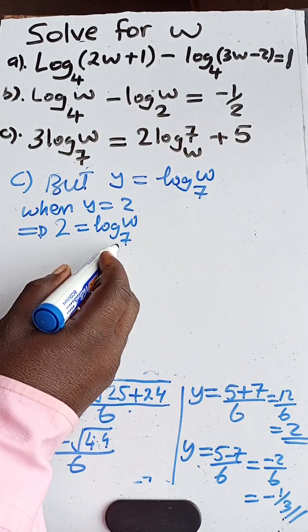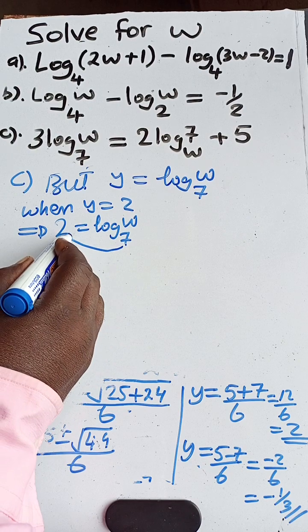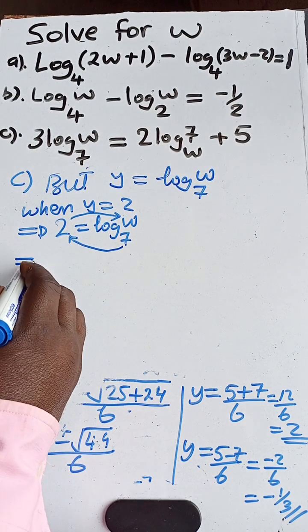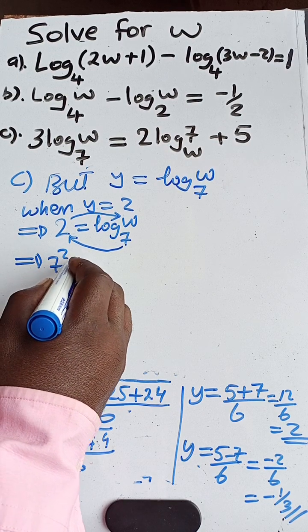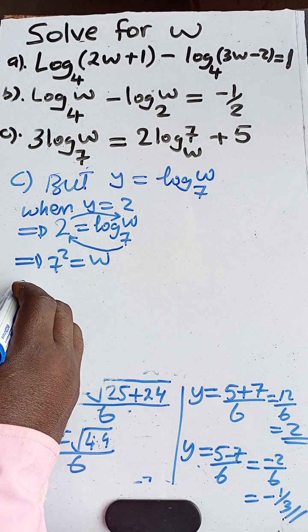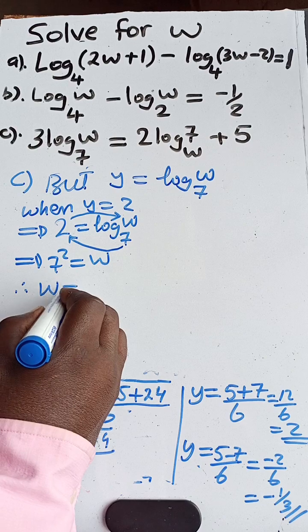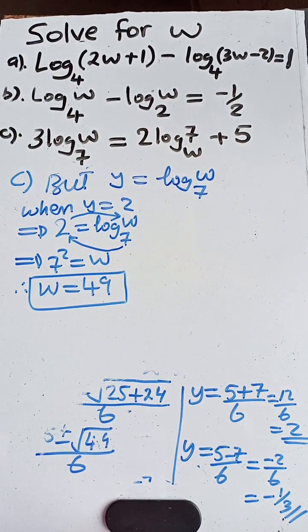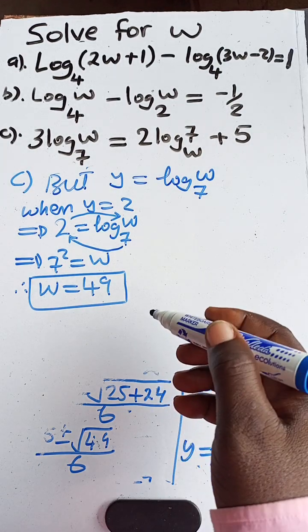This therefore means that 7 raised to the power 2 will give us W. So 7 to the power 2 will give us W, which means that W is 49. That's our value for W, the first value.